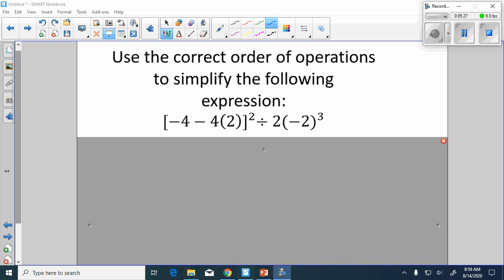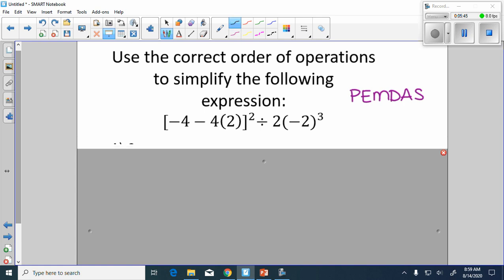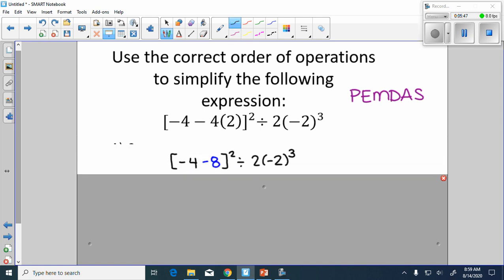All right, so we know that our order of operations is please excuse my dear Aunt Sally, or PEMDAS, whatever you're used to calling it. But we're going to start with the parentheses first. In the parentheses, we have to do the order of operations there as well, meaning I need to multiply that 4 times 2 before I do the addition or subtraction.